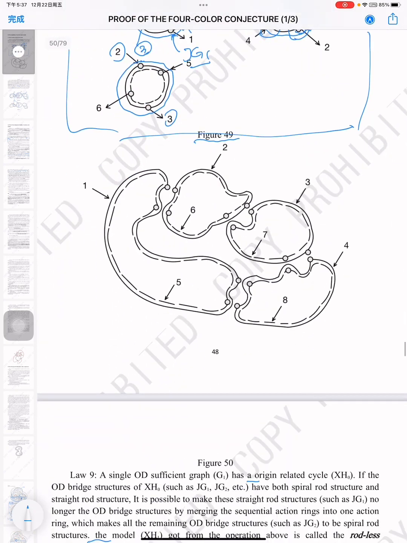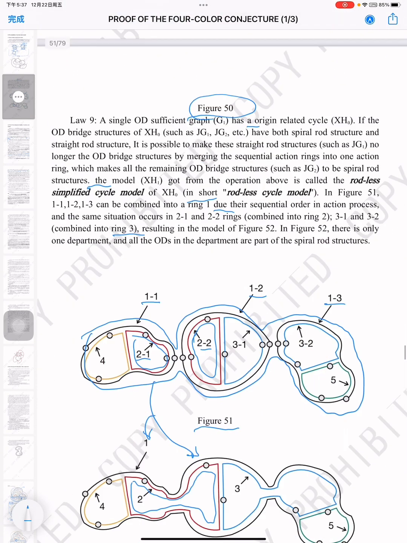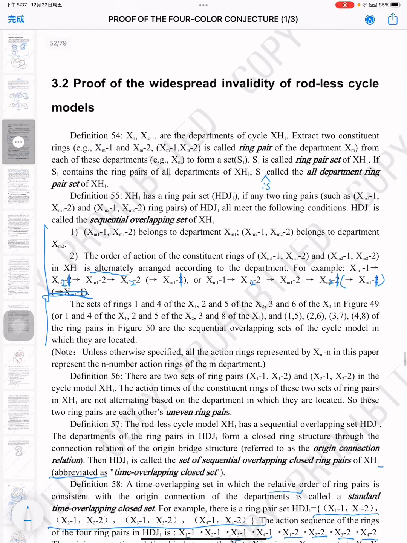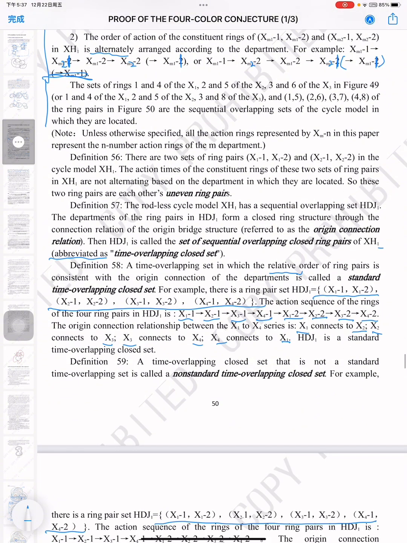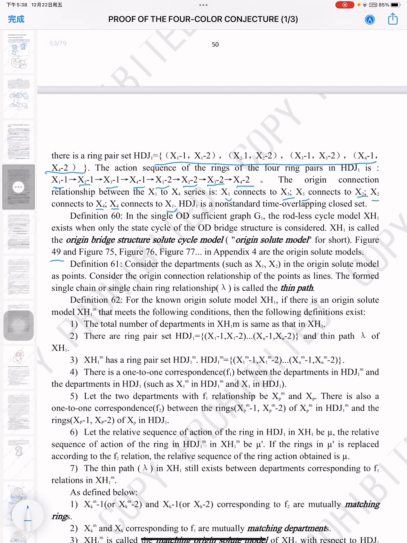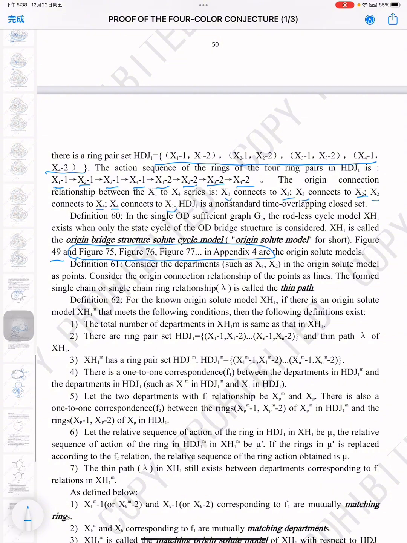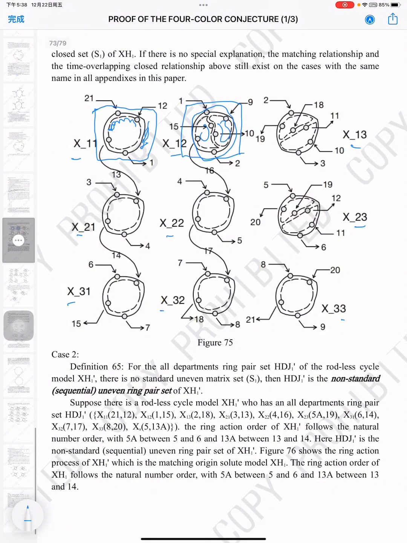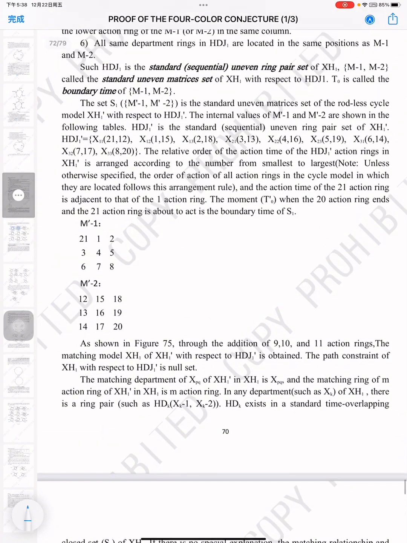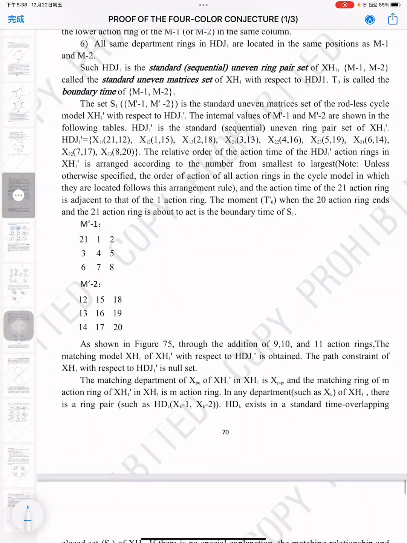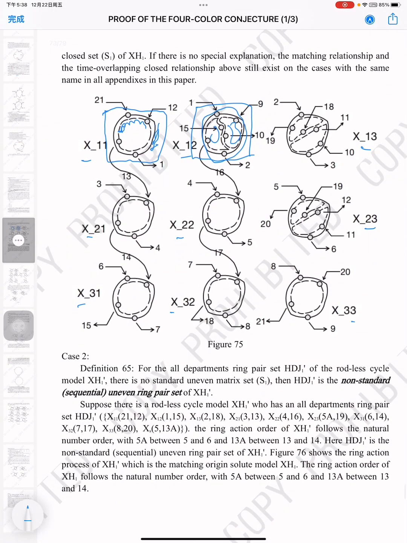The same happens to Figure 50 and these figures in Appendix 4. You can see this figure, you can see the OD bridge structure here, and so on.